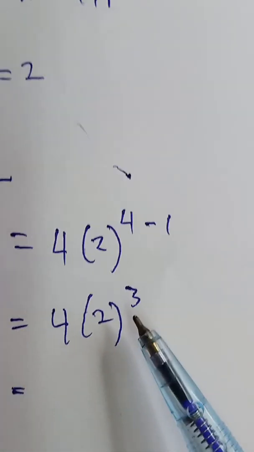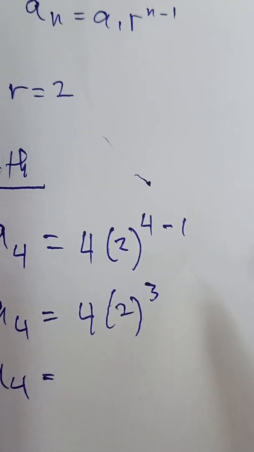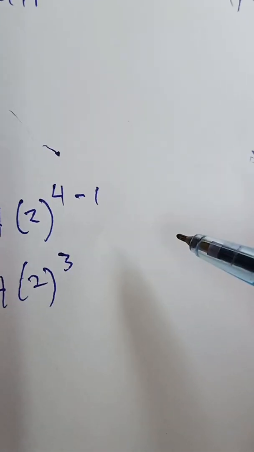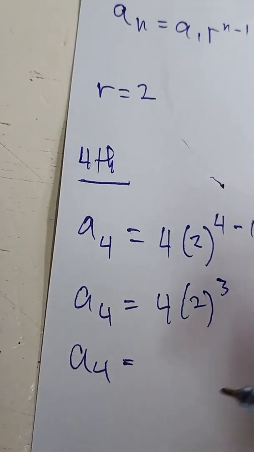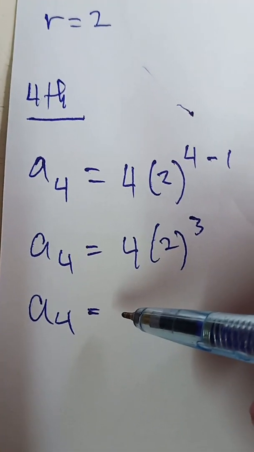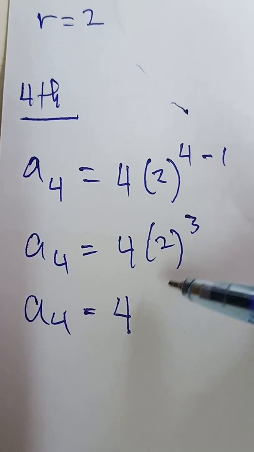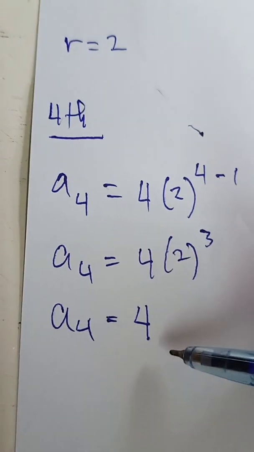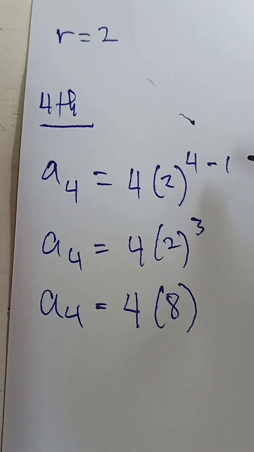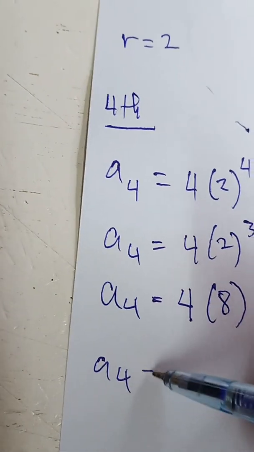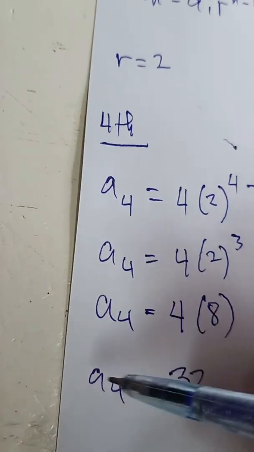Kailangan na natin i-simplify. So, exponent muna, class. We write natin yung 4, and then 2 raised to 3, that's 8, kasi 2 times 2 times 2 is 8. And then a sub 4 is equal to 4 times 8, that is 32.